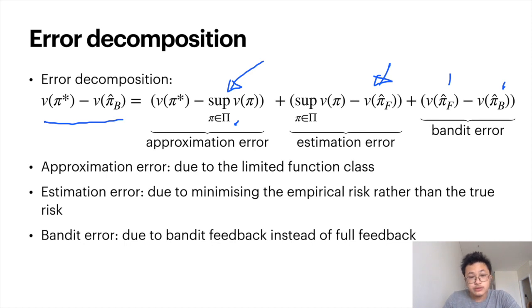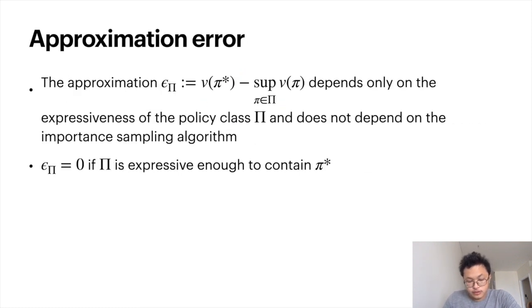So now we will move on to bound these terms. First, the approximation error. Recall the approximation error is due to the limited policy class capital Pi. In this algorithm, the approximation error depends only on the policy class and does not depend on the importance sampling algorithm.